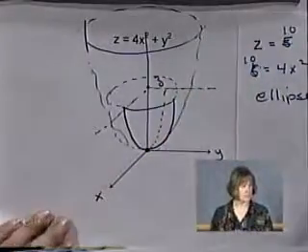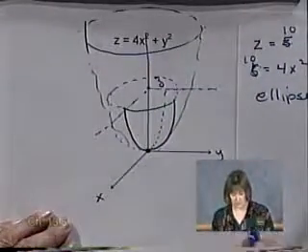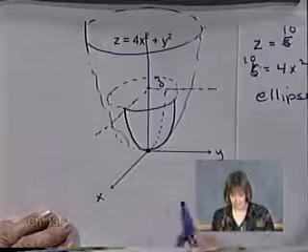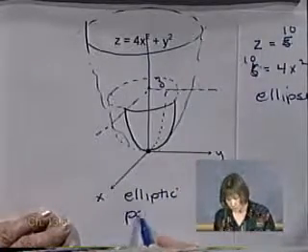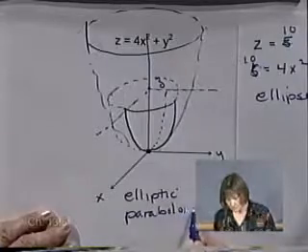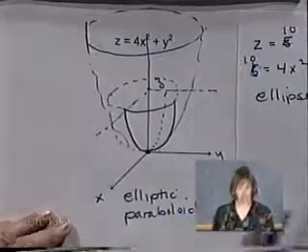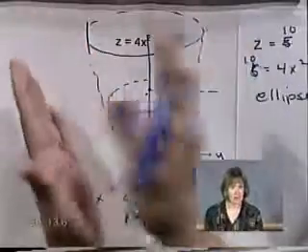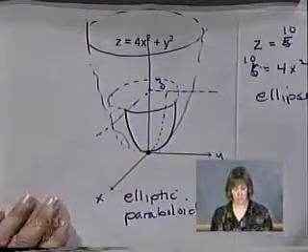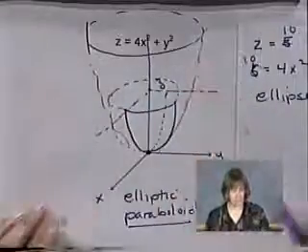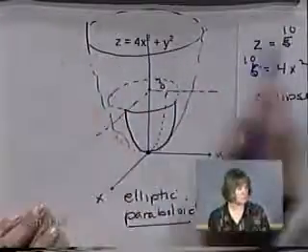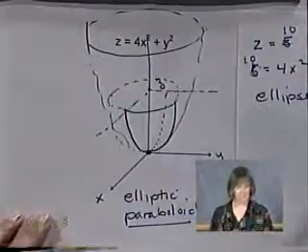It's called an elliptic paraboloid. It's not a cone because it's not a sharp edge. Parabolas are smooth at the bottom. The reason it's a paraboloid is because it's a parabola rotated around, but every time you slice it in the z direction, you've got yourself an elliptic paraboloid.